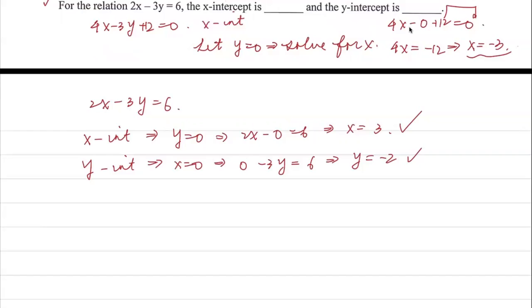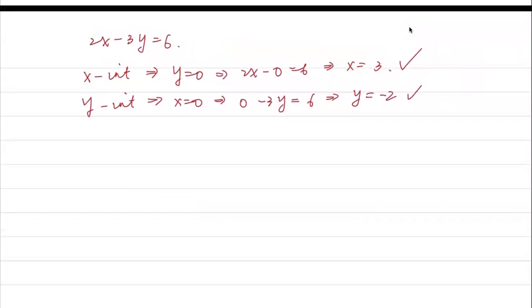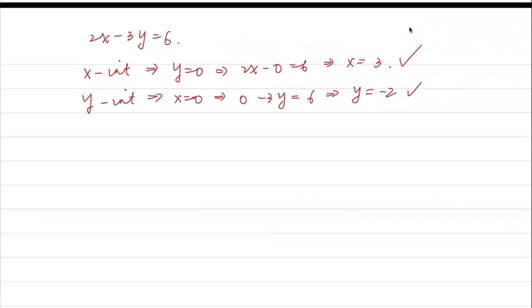Okay, remember here, x and y are just distances, right? If I ask you to give me the coordinates of the x-intercept, the point, then for the x-intercept, the point should be 3. What's the y value? 0, because we know y is 0 here. So this is a point where the x-intercept occurs.